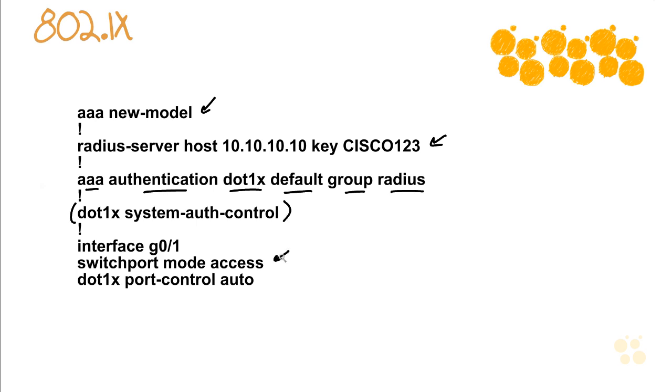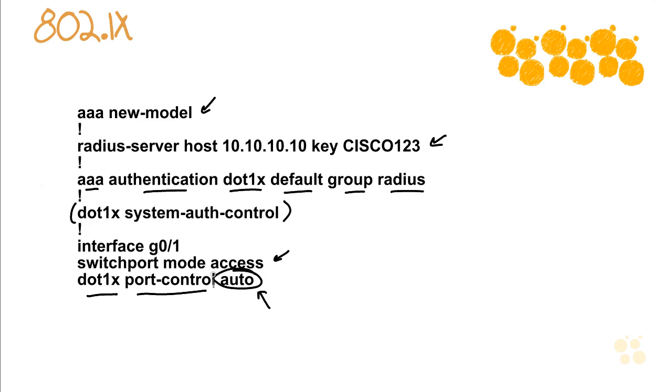We, of course, set static access mode under the port where our supplicant's going to connect. Then we use our .1x port-control command. There's actually 3 options here. Auto would be the typical setting where we are going to have the supplicant come in, send the credentials. We're going to check them out against the Radius server, also known as our authentication server, and then we are going to transition the port from unauthorized to authorized.